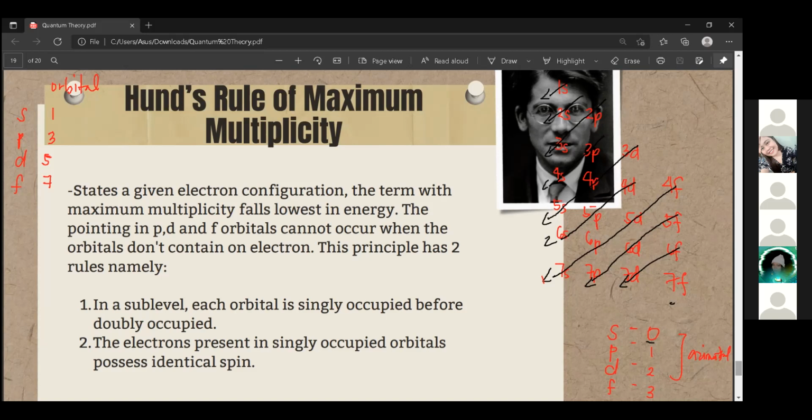So the electrons present in singly occupied orbitals possess identical spin. Kagaina nag-draw ko. Example, I have 3 orbitals here, and then I have 6 electrons. Isa-isa sa, pero the same spin sila tanan. Pasaka sila tanan before ka mag-pair.